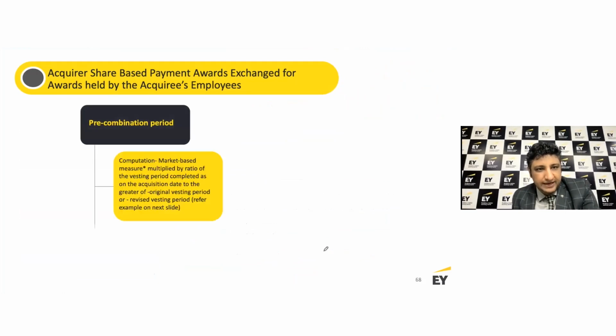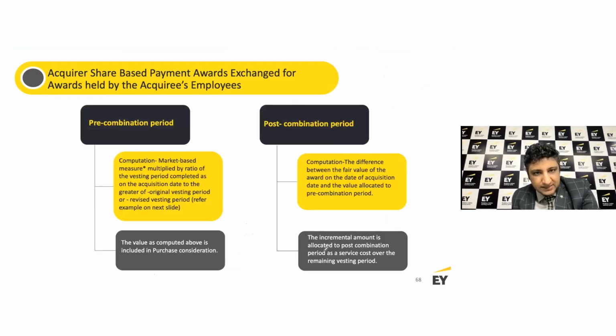We're looking at those examples in a minute, but the concept suggests that for the pre-combination period, compute the market-based measure multiplied by the ratio of the vesting period completed as on the acquisition date to either the original vesting period or the revised vesting period, whichever is greater.